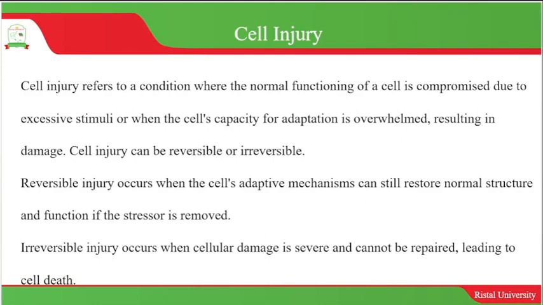So these cells of ours are made in a way that they have a normal physiological process that they follow. For them to perform normally, there should be conditions that should be maintained. There should be terms and conditions, and when these conditions are not met, then they perform in an abnormal way. And when they perform in that abnormal way, we call it pathophysiology. There is abnormal functioning of these cells.